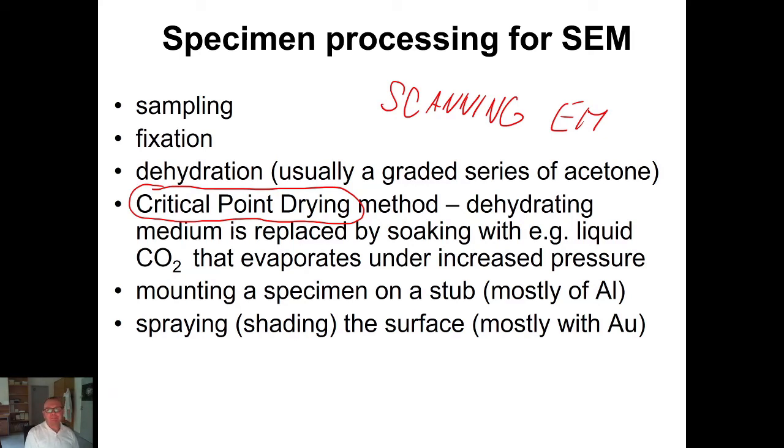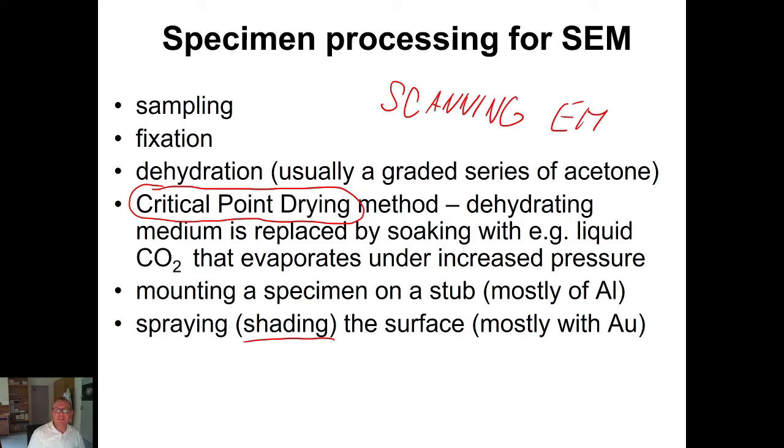And the next step is mounting of the specimen, and what is also important is shading of the surface. Shading of the surface of our specimen is necessary for the reflection of electrons. Without this, electrons can be absorbed by the tissue, but we need to reflect them, or we need secondary electrons.